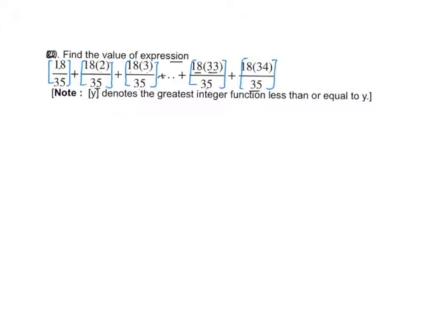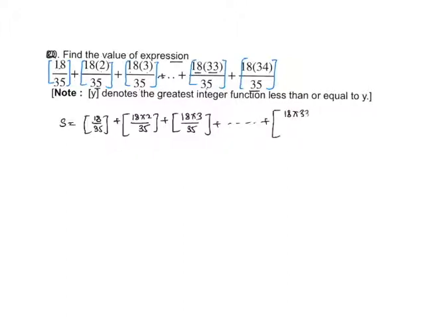To solve this, we will assume S equals 18 divided by 35 plus 18 into 2 divided by 35 plus 18 into 3 divided by 35 and so on, plus 18 into 33 divided by 35 plus 18 into 34 divided by 35.